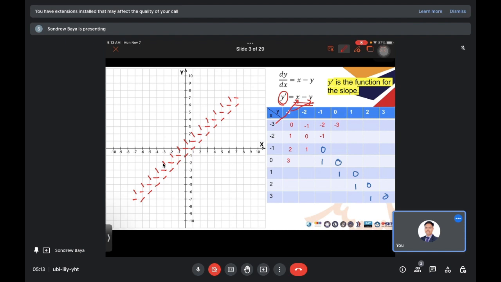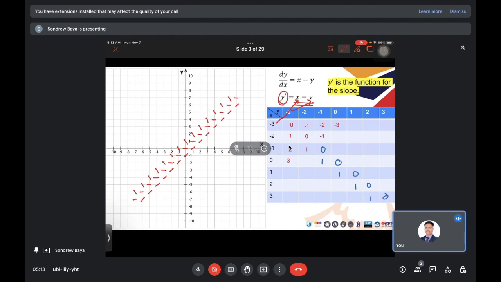Now, if we try to look at this one further, all right. So to the right of this one, we'll have a slope of 2.